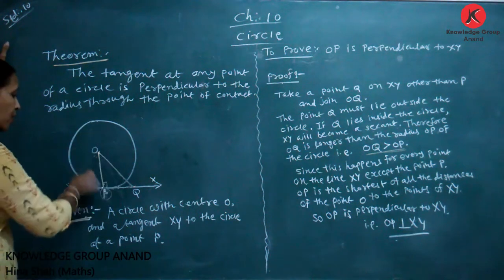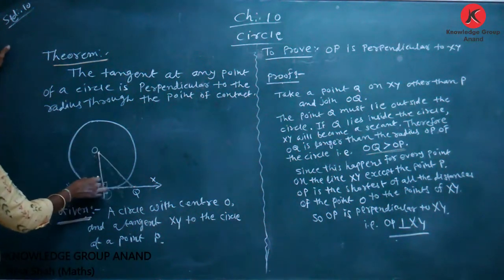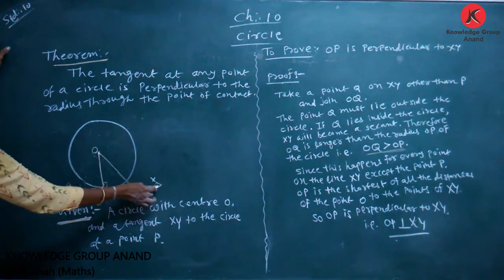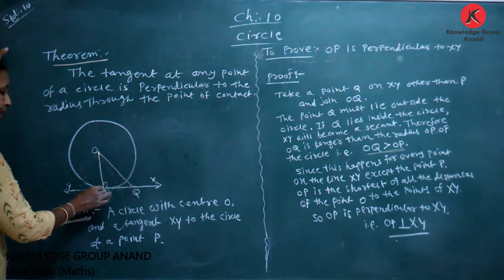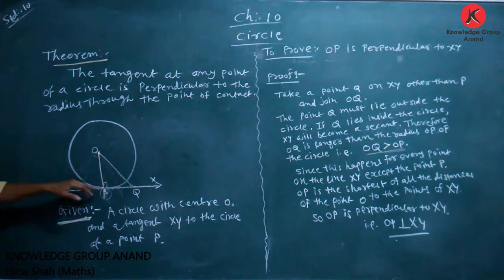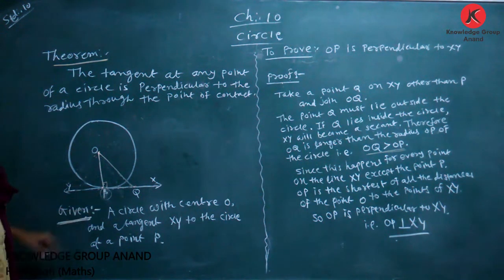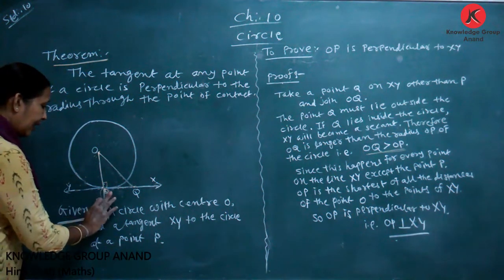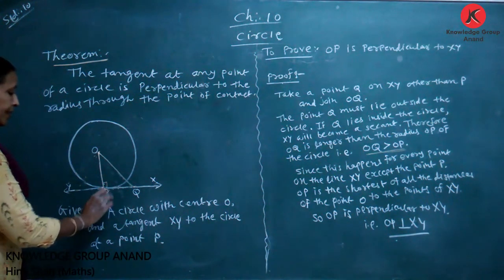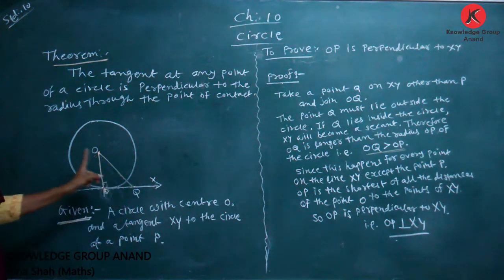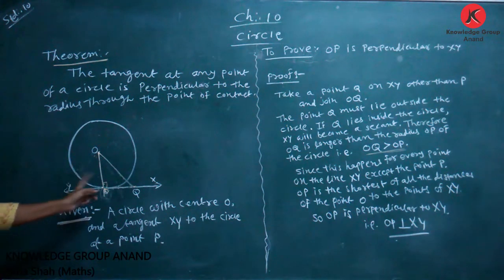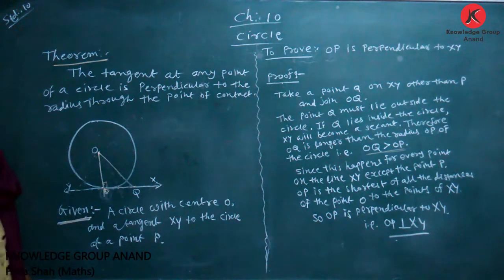Given: a circle with center O and XY is a tangent to the circle at point P. To prove: OP is perpendicular to XY.